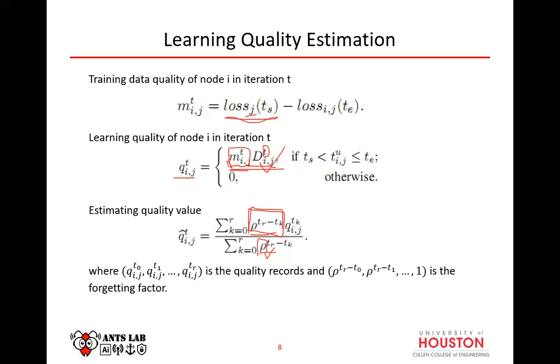So why do we need to consider this as a quality? Why don't you try accuracy? I mean, the other question is why don't you try the training accuracy or testing accuracy? I mean, the training accuracy for the local.